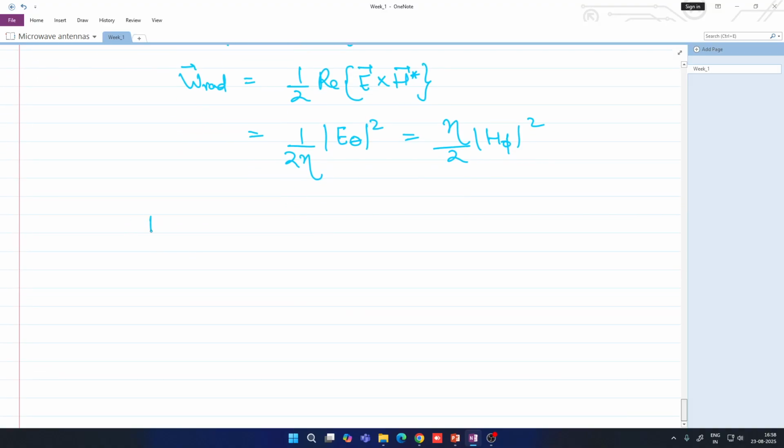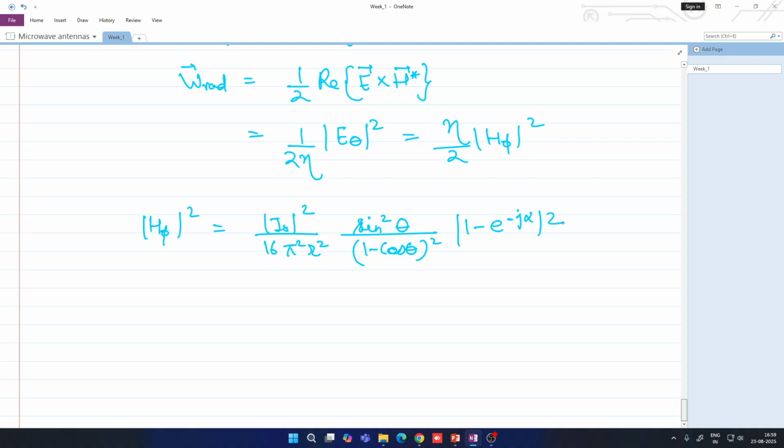And we know that the magnitude of H phi square is I naught square divided by 16 pi square r square sin square theta divided by (1 minus cos theta) square into mod (1 minus e to the power minus j alpha) whole square, where alpha is kL into (1 minus cos theta).